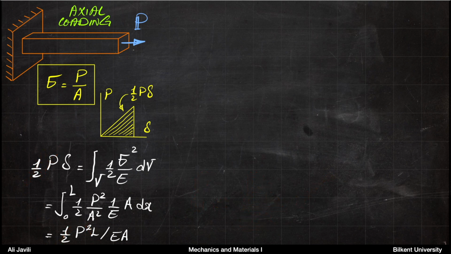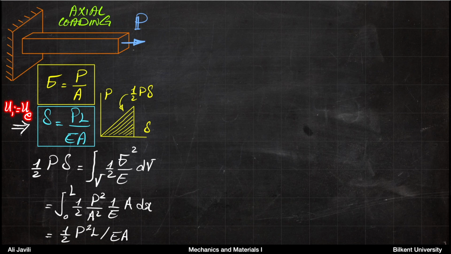Now, if you remember, this was our key relation for axial loading. So basically, if you impose the energy conservation in axial loading problem, you can prove the relation delta equals PL over EA.